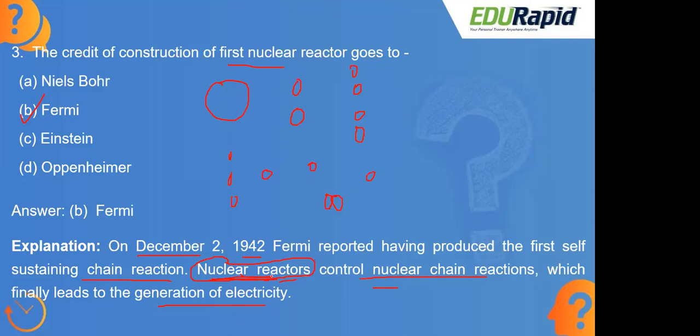Thermal power plants, if you know about nuclear power plants, the steam is used to rotate the turbine. Once the turbine rotates, electricity is generated. So this is how electricity is finally generated, because of the release of heat energy during nuclear fission as well as fusion reaction. Okay, moving to the next part.